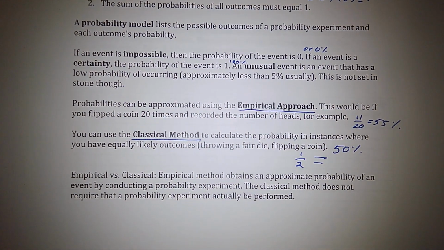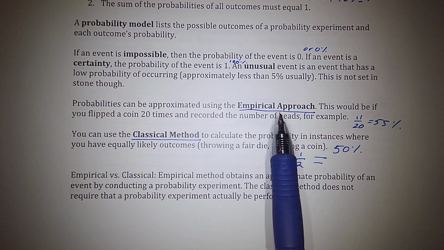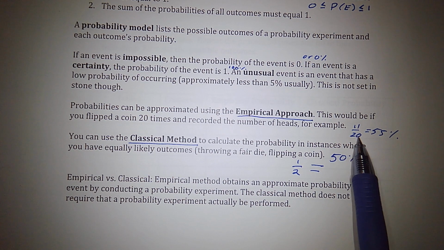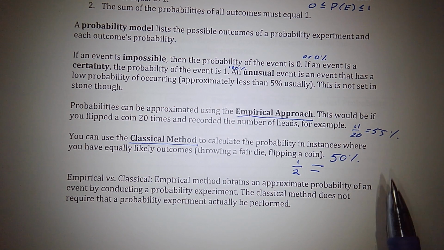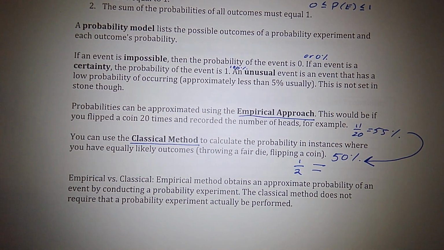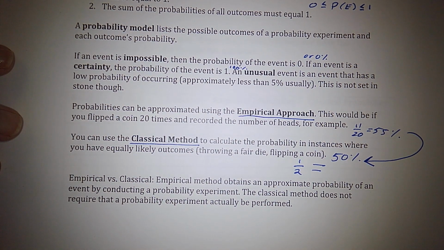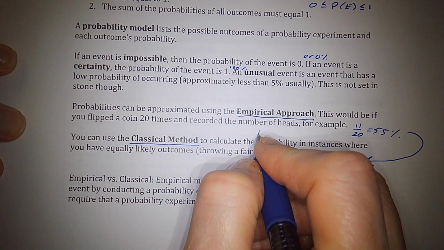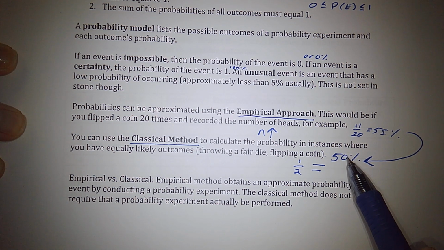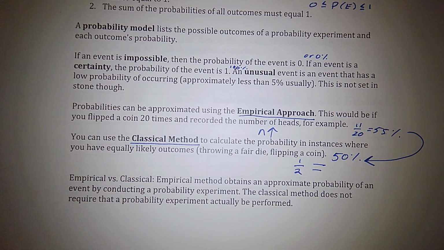So in this example down here, if I were to have flipped this coin more than 20 times, maybe closer to 100 times instead of 20, well then this probability is going to start looking more and more like the realistic or theoretical probability using the classical method. So the more I flip the coin, the larger the n becomes, the closer the empirical probability gets to the theoretical probability.